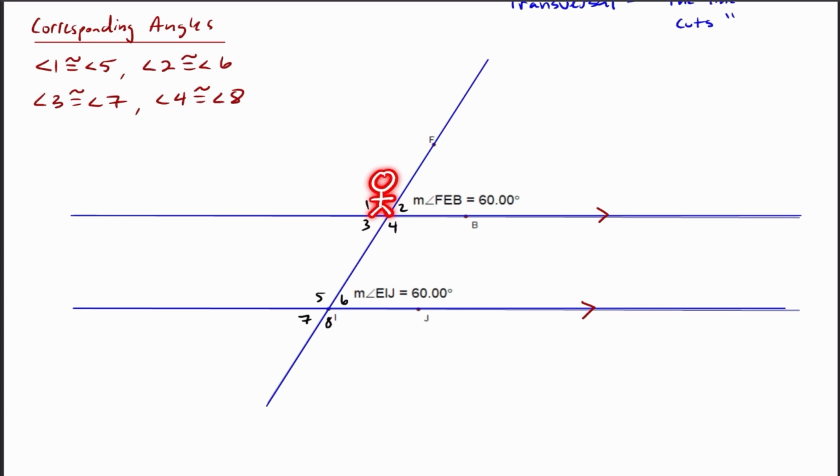If you're standing right here where angle 1 is located, it's kind of like saying that you're standing right here where angle 5 is located, but angle 5 is located in universe 2. So, we say that these two locations correspond to each other. So angles 1 and 5 are congruent by corresponding angles.